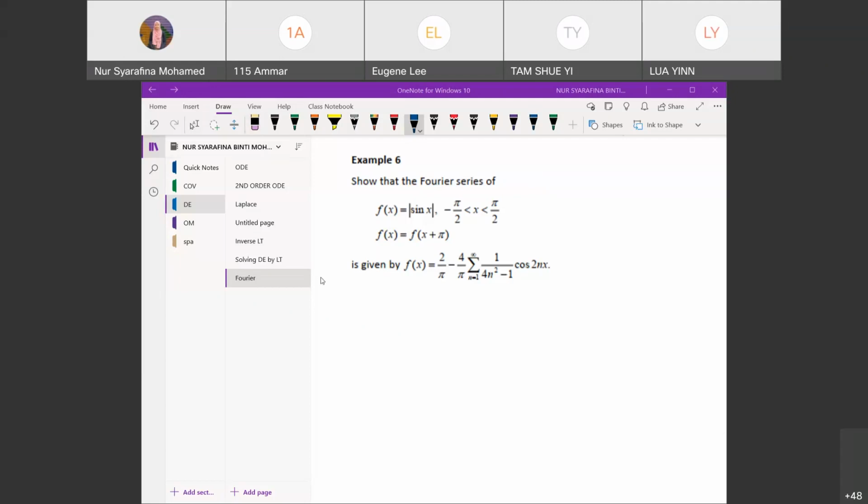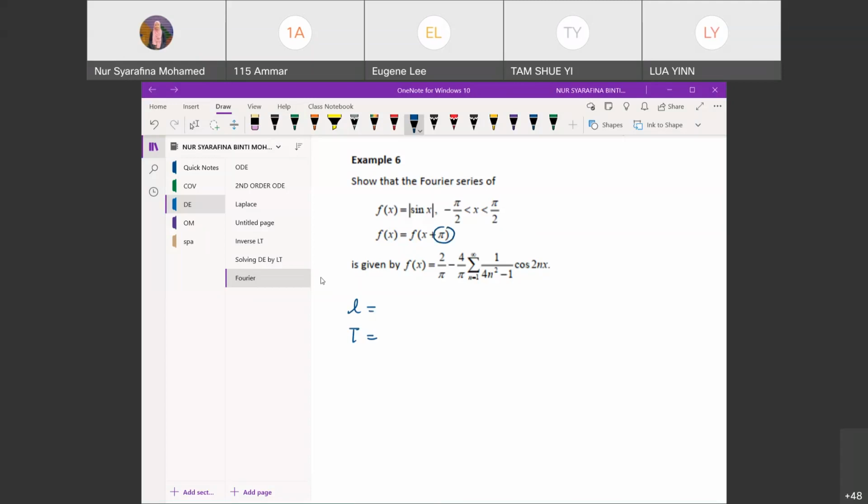So first things first, what is your L? And what is your T? T equals pi here, right?